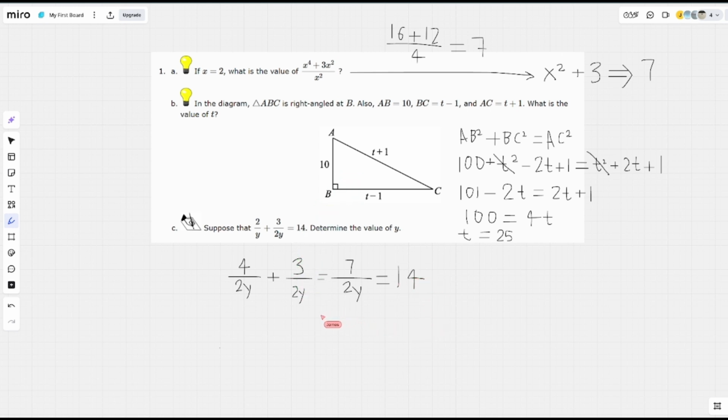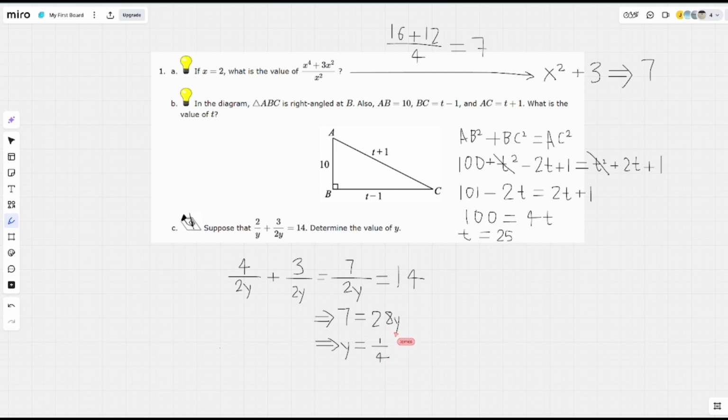Now, if you multiply both sides by 2y, which you can do because y is clearly not 0, otherwise y and 2y would be 0, and that would not be possible, you get 7 equals 28y. Then you can divide both sides by 28 to get y equals 7 over 28, or after simplification, 1 over 4.